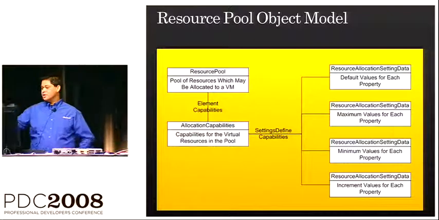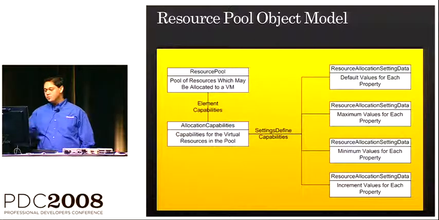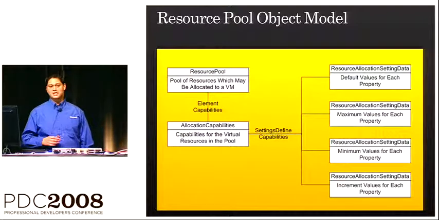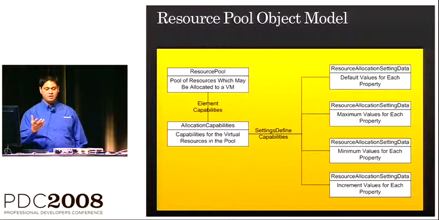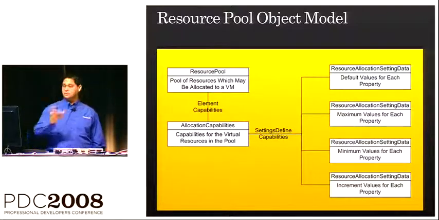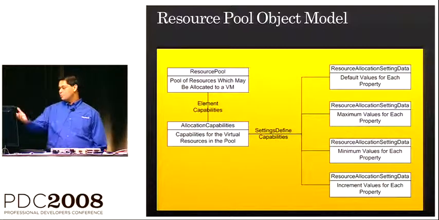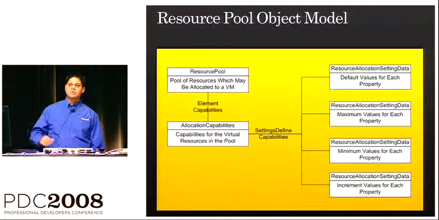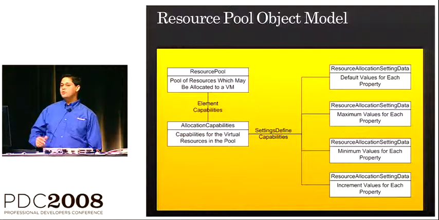For instance, in the resource allocation setting data, we've got a property called virtual quantity, and that tells you how much of this resource is actually being assigned. So in the default RASD up at the top, let's say we're talking about memory, we might say the default is 1 gig.